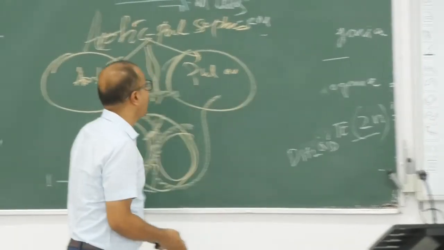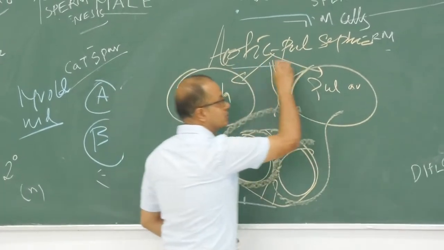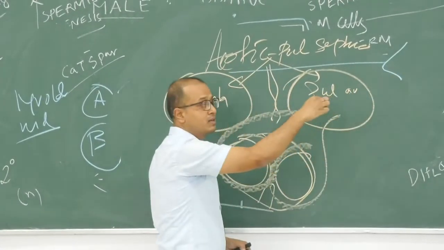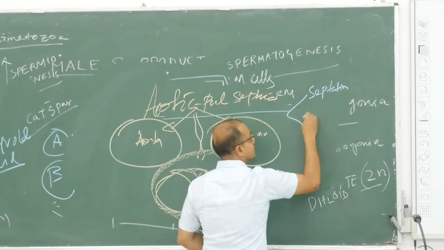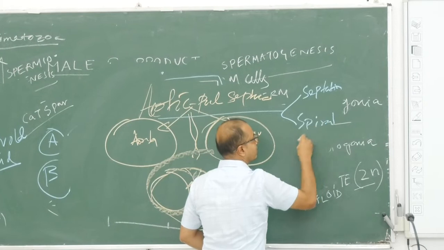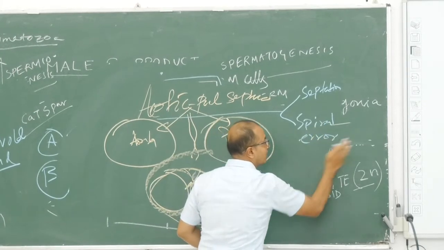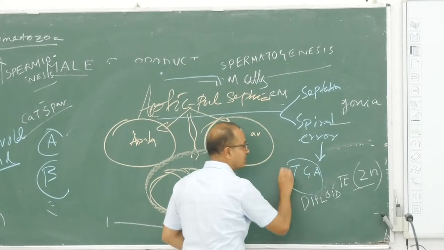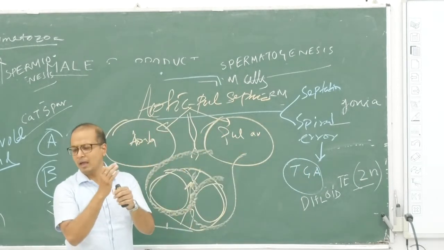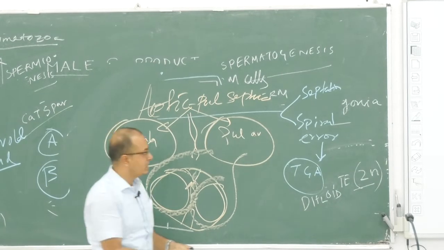So we have this aorticopulmonary septum, and we get two diseases out of this: septation error and spiral error. Spiral error leads to transposition of the great arteries, that means the aorta and the pulmonary artery will be switched.